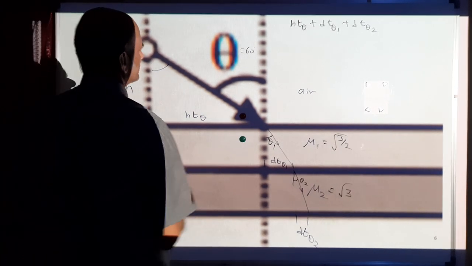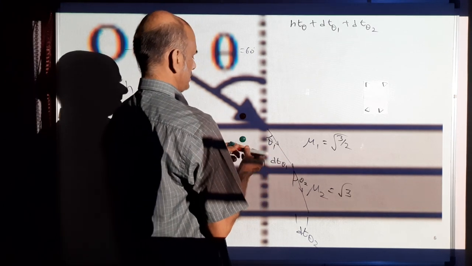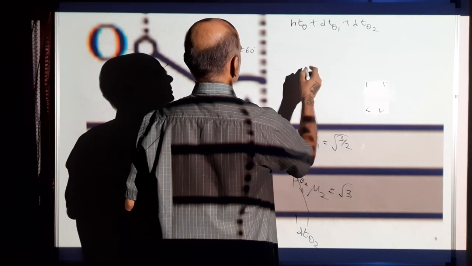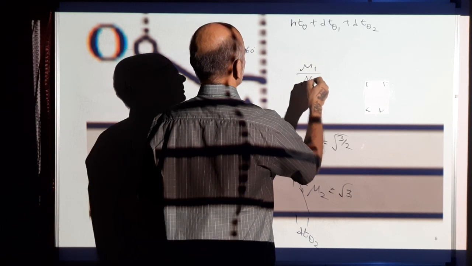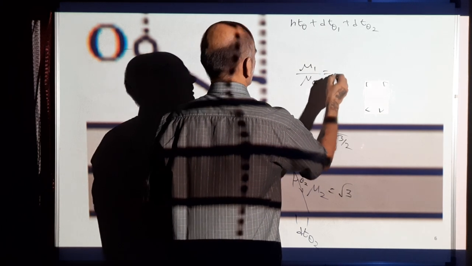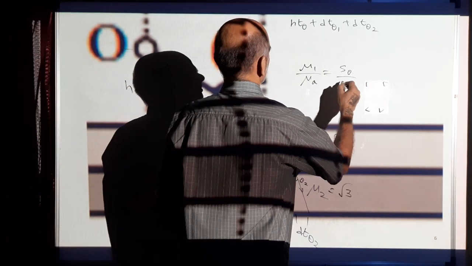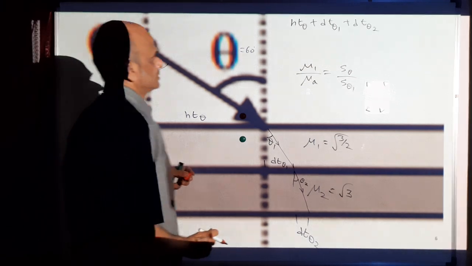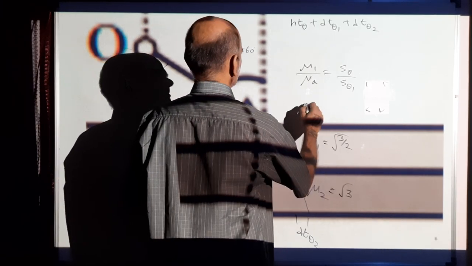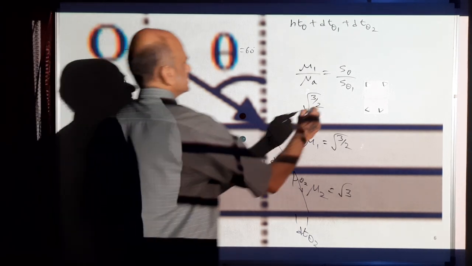So Snell's law at this interface: refractive index of this medium with respect to air, which is 1. So that is mu1 by mu air equal to sine I, which is sine theta, by sine theta 1. So mu1 is root 3 by 2. Mu of air is 1.